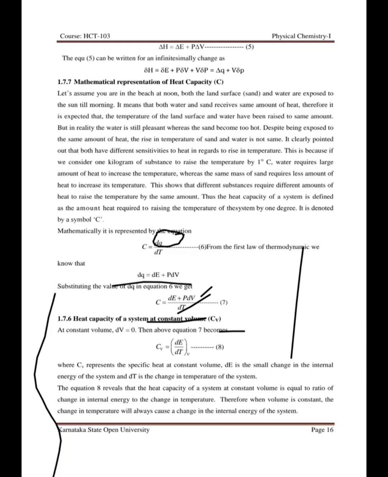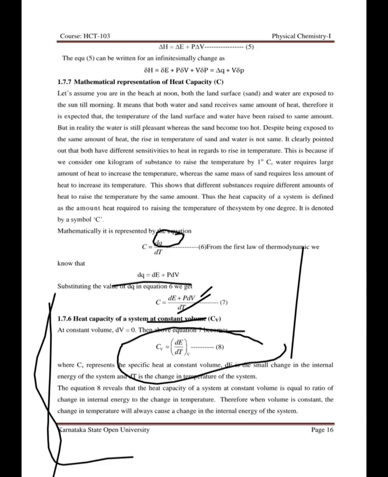First, the heat capacity of a system at constant volume. By keeping volume constant, we calculate the heat capacity of the system. So Cv, the heat capacity, is equal to dE by dT, which is equation 8.